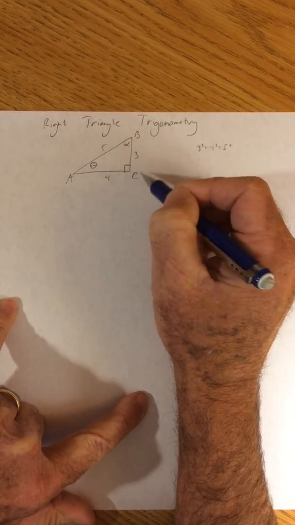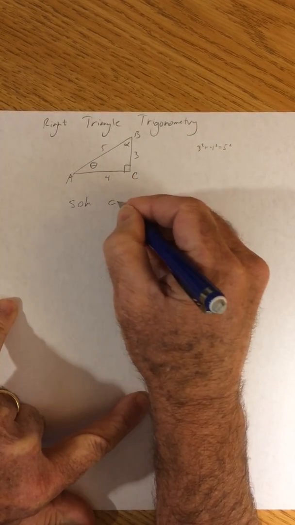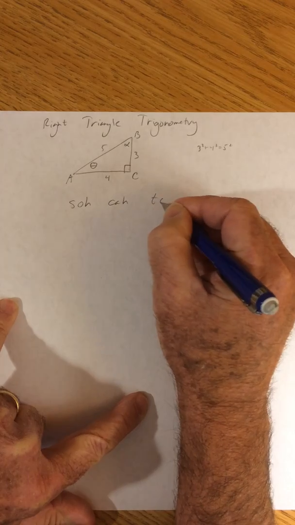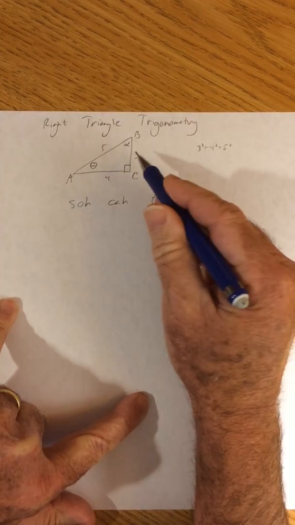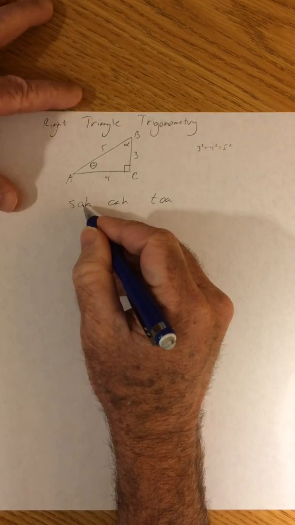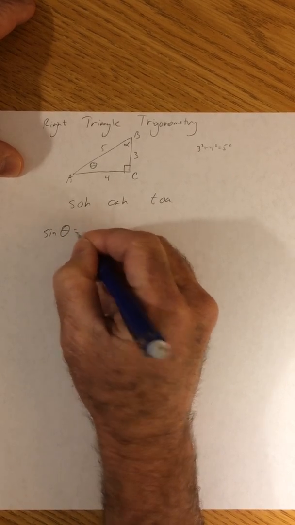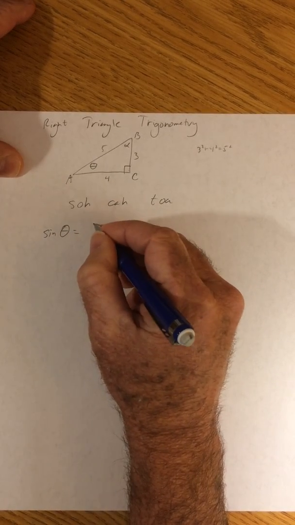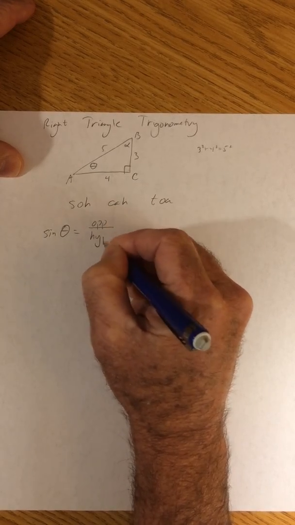So you've probably heard the expression SOH CAH TOA, and that's a way of remembering right triangle trigonometry. And what this means is that the sine of an angle is equal to the opposite side from that angle divided by the hypotenuse.